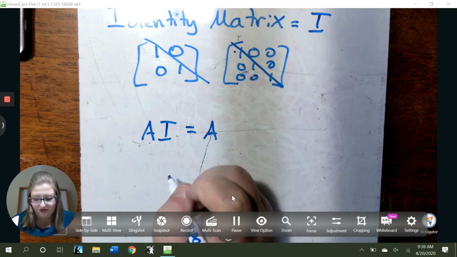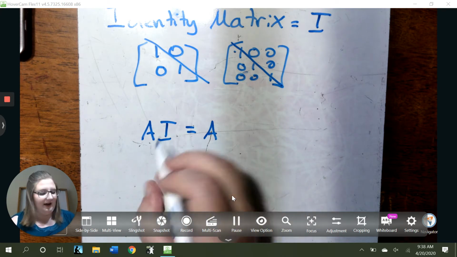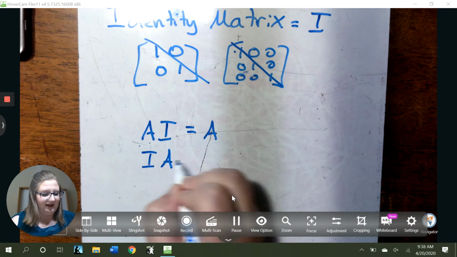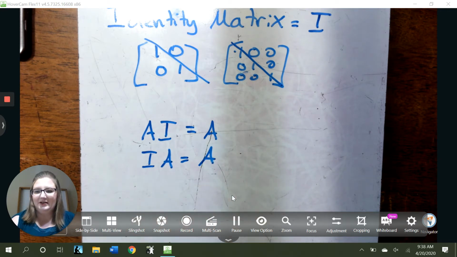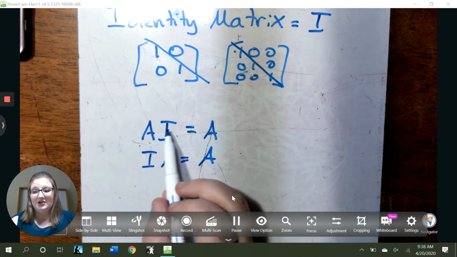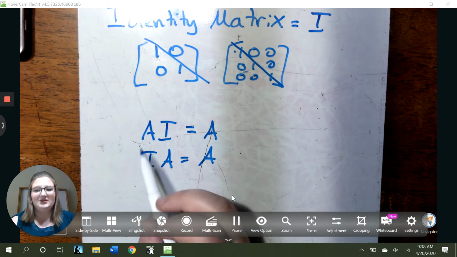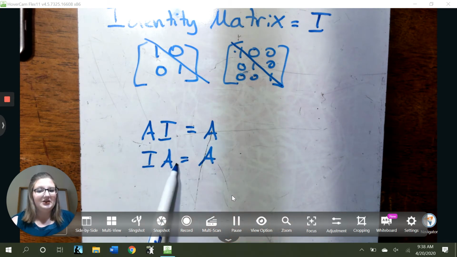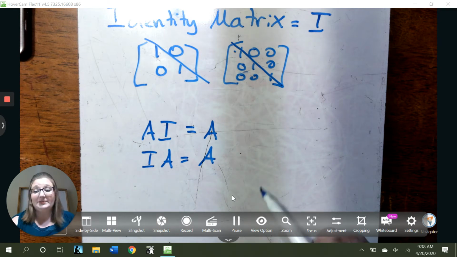This is also true if we multiply on the other side: I times A gives A back. It doesn't matter where the identity matrix is, as long as it's the right size, you still get the other matrix back.